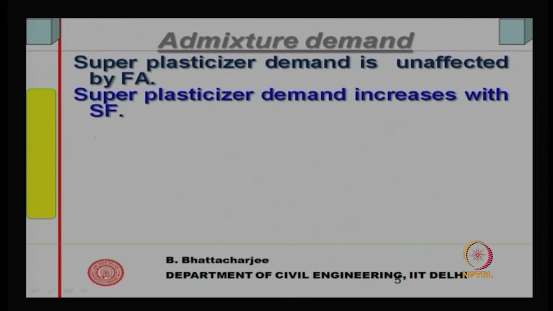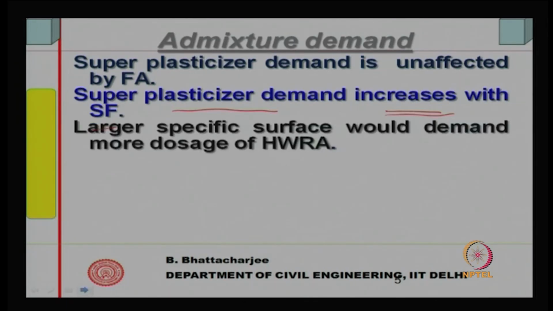Superplasticizer demand will increase with silica fume. That is because silica fume is very fine. That is what we looked into in the last class, that they are very fine, and therefore, they cause a little bit of increase in the superplasticizer demand, because the superplasticizer gets absorbed onto the surface of the fine particles. Since silica fume is fine, it can absorb a lot of superplasticizer at its surface, because the particles themselves also get pushed apart by the superplasticizers.